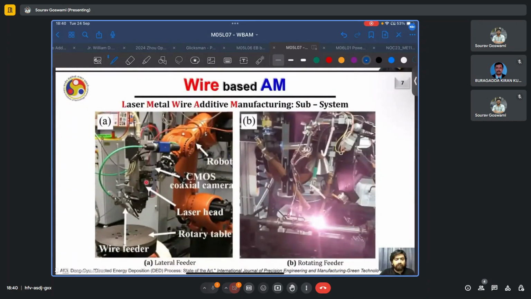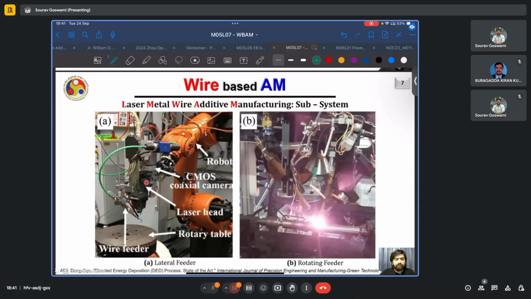Here we also see some images of robot arm based wire laser additive manufacturing machines. The first has a lateral feeder, so the one shown here, wire comes from the side, and this appears to me as source of argon gas, and the laser is coming from the top.